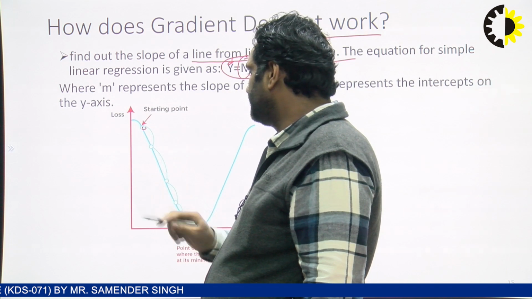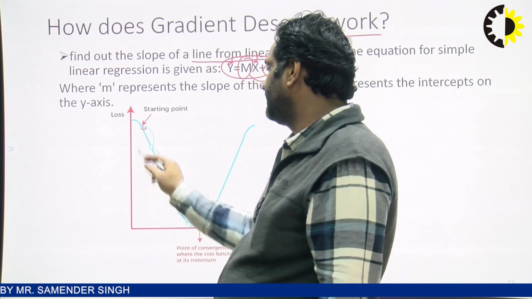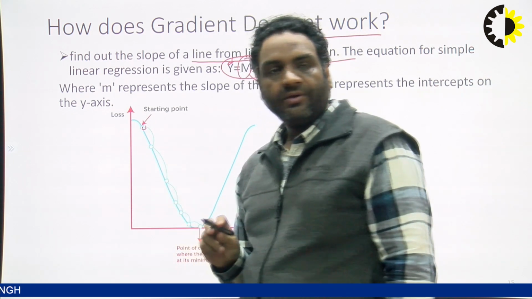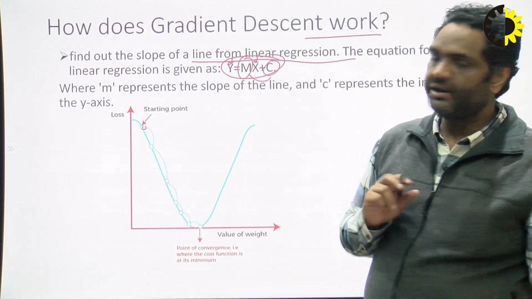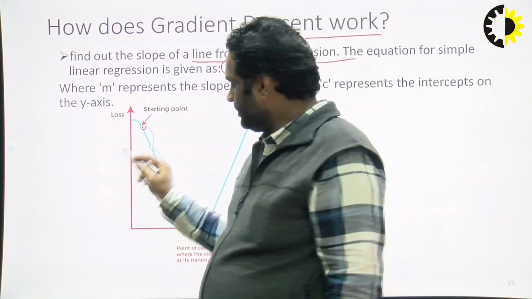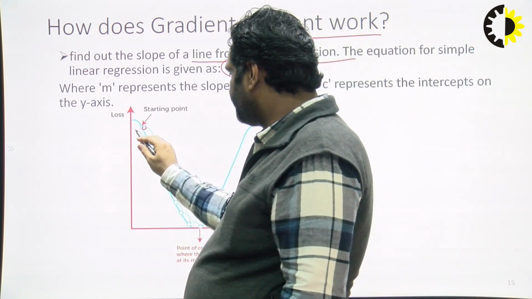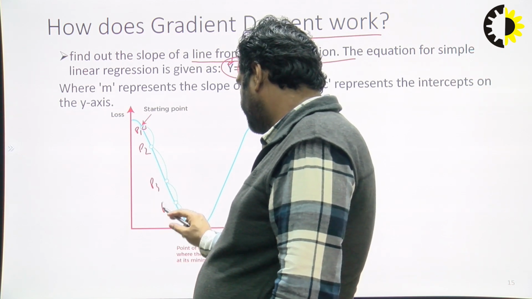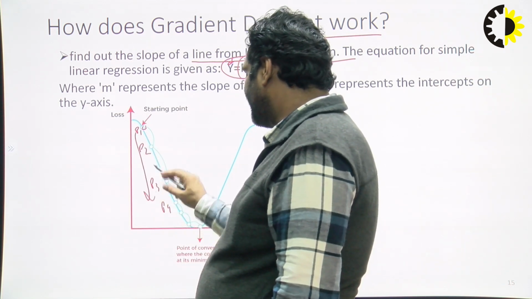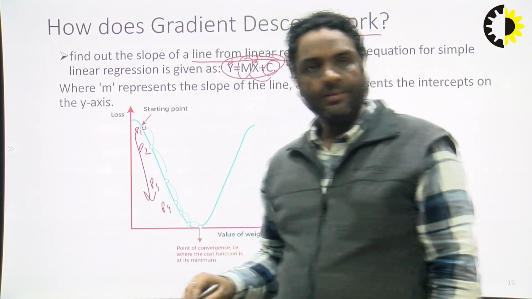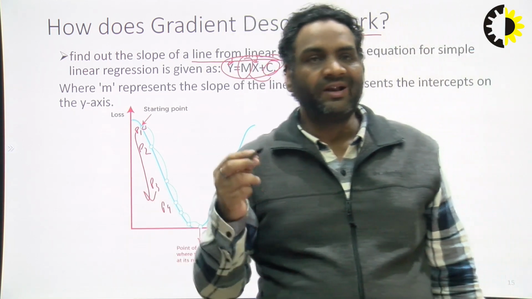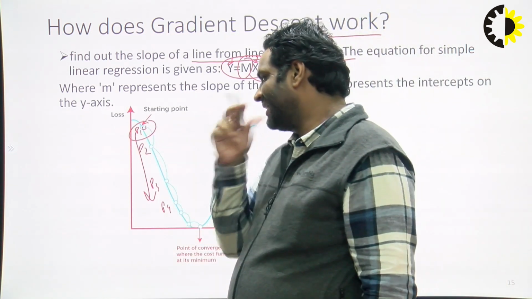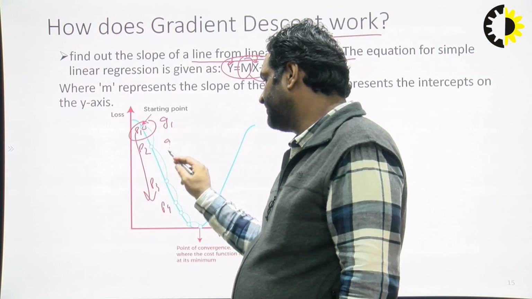Let's start our gradient descent with this point. This is our first. So first step is we need to find the gradient at this point. And then the next point, suppose this is the P1 point, this is P2, this is P3, this is P4. The direction is downward, which means every time the gradient will decrease. So the initial point will give gradient G1, then G2.